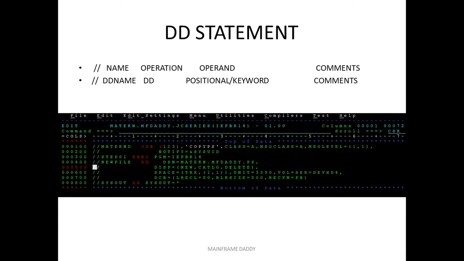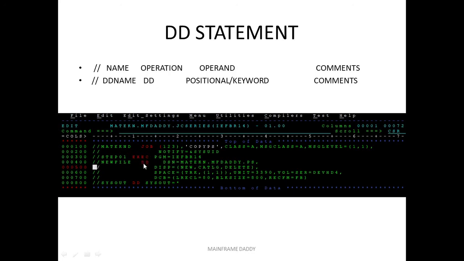So this is how a DD statement will look. It will start with // in columns 1 and 2, followed by the DD name, which will start at column 3. Here NEWFILE is the DD name, which starts at column 3, and followed by that we should have DD in the operation field.